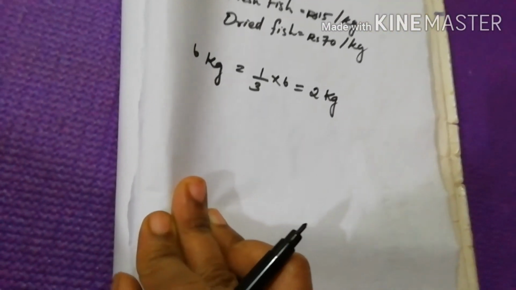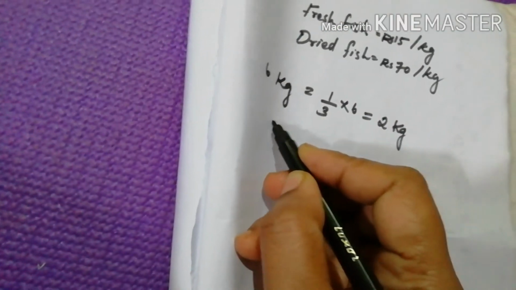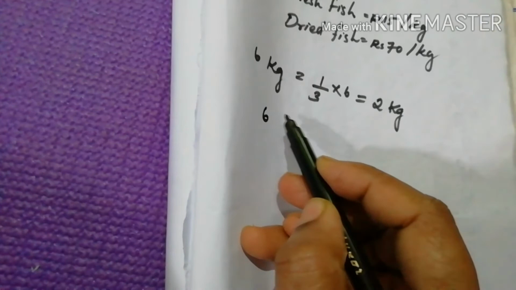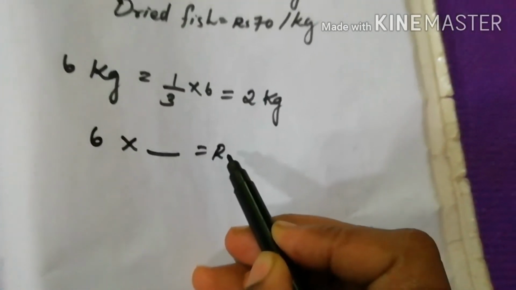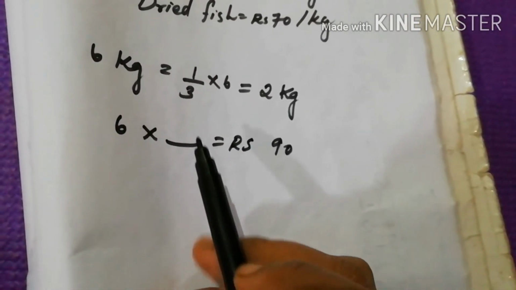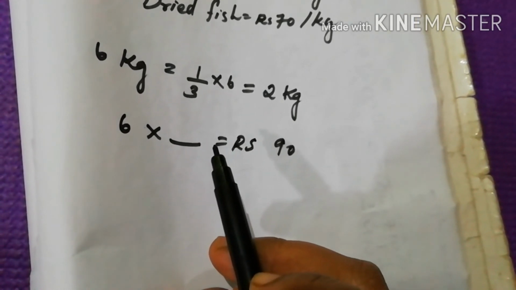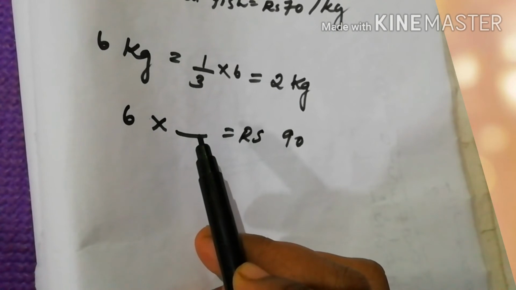Okay, the next is for 6 kilogram fresh fish we have to pay. It is given here 6 into dash equal to rupees 90. How can we find this blank space answer? Here it is multiplication.